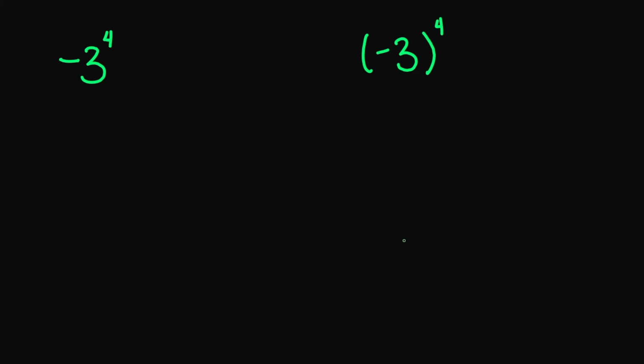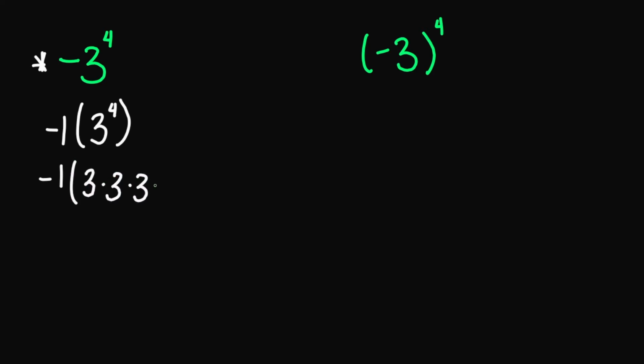So let's try these examples here. -3 to the power of 4. Let's start here. We have a negative here, and we have 3 to the 4th power. Technically, we have an imaginary 1 floating around, so I'm going to put my imaginary 1 out, and I have 3 to the 4th power. So this means -1 times 3 times 3 times 3 times 3. 3 times 3 is 9. 9 times 3 is 27.